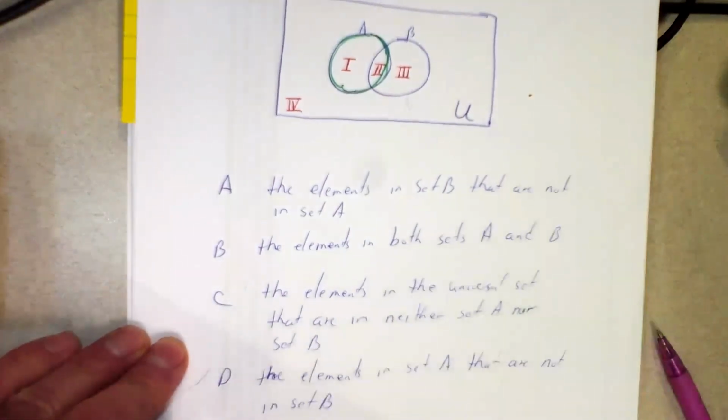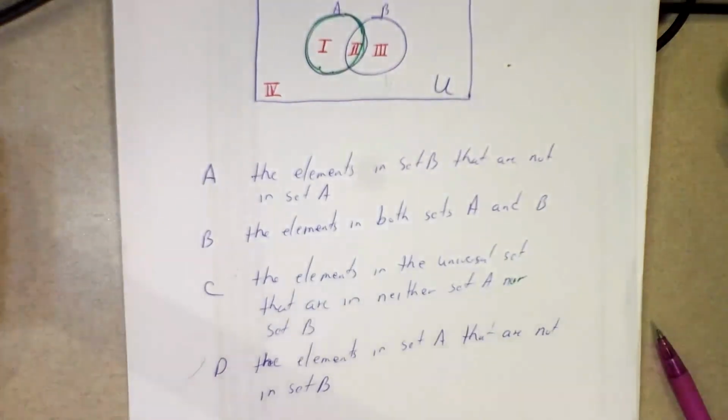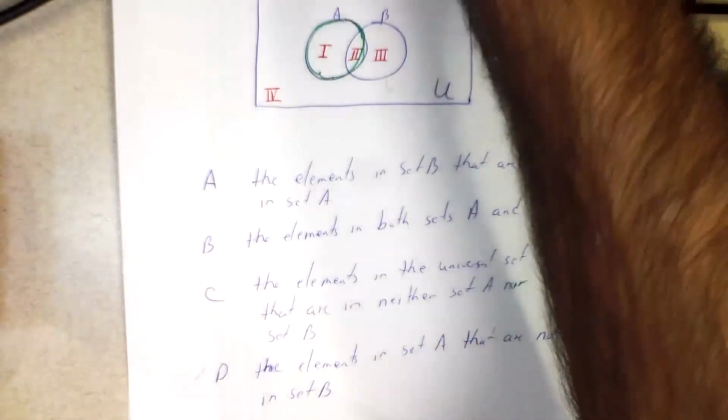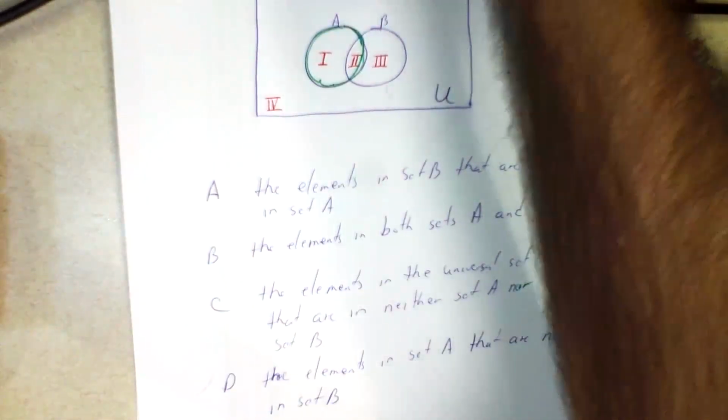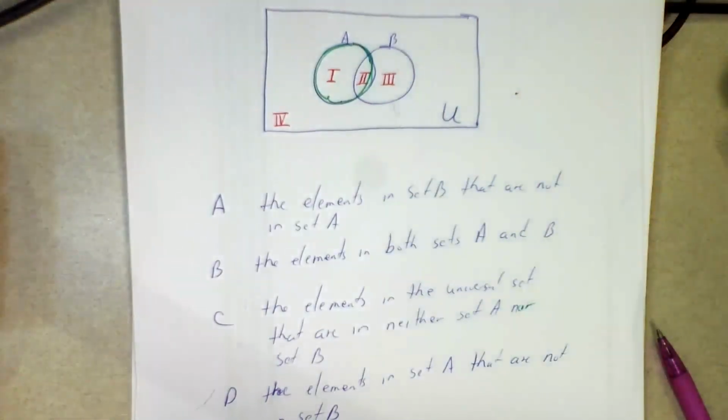All right, so let's figure out which region is which. To me, the easiest one is the center. The centerpiece is probably the easiest.